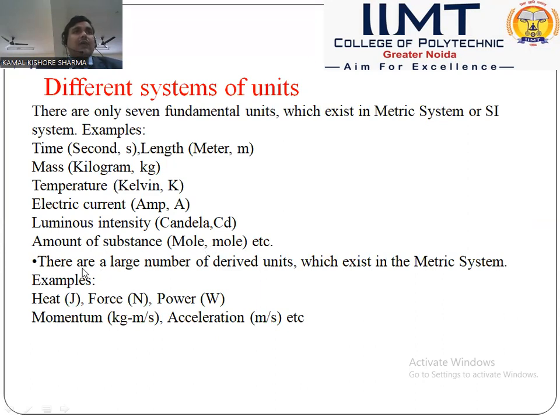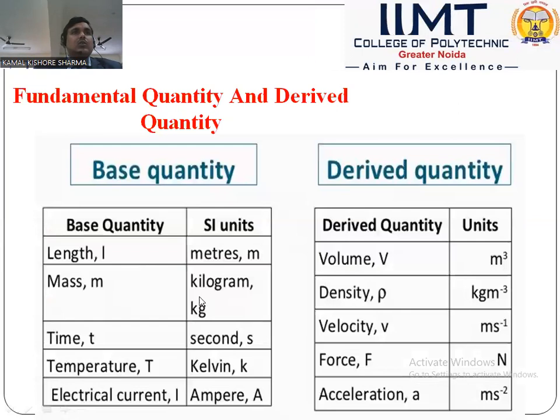There are a large number of derived units which exist in the metric system. Derived units such as heat, force, where force is equal to mass into acceleration, power, momentum, and acceleration.